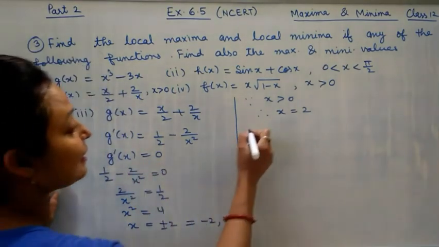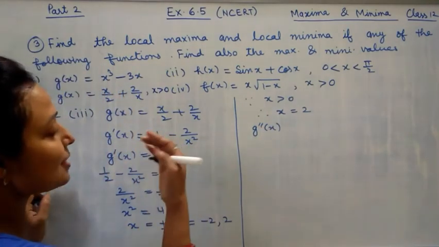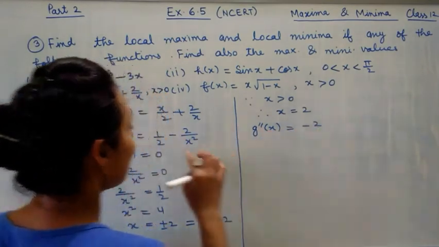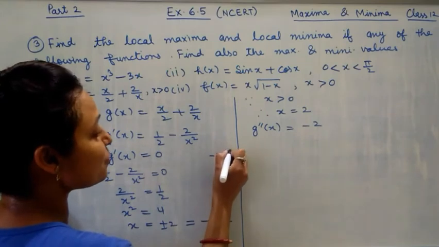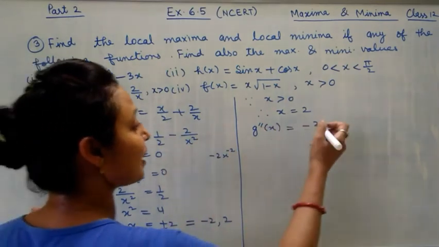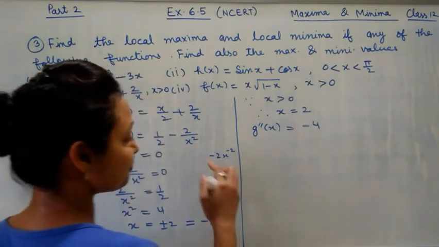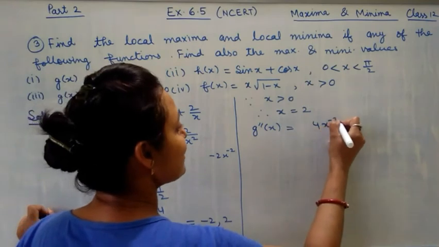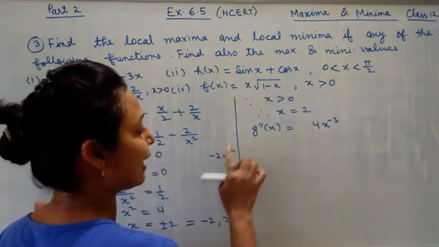Now find g double dash x. When you find g double dash x, the derivative of 1 by 2 becomes 0, and minus 2 x raised to power minus 2 gives 4 x raised to power minus 3, positive.